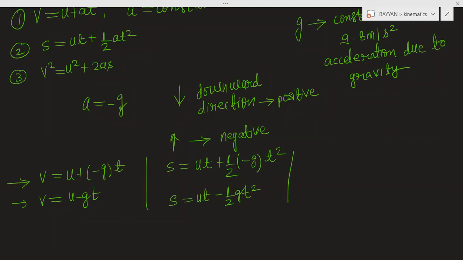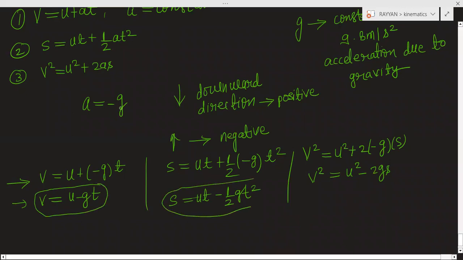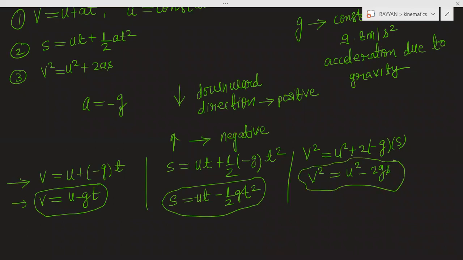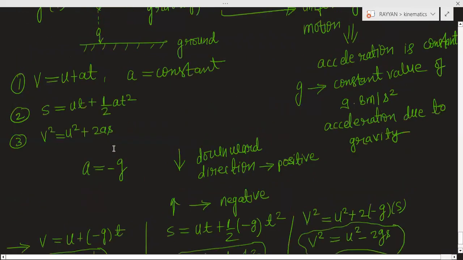The third equation of motion is v square is equal to u square plus 2, instead of a, you will put minus g, multiplied by s. We will get v square is equal to u square minus 2gs. So these are the equations of motion for free fall.